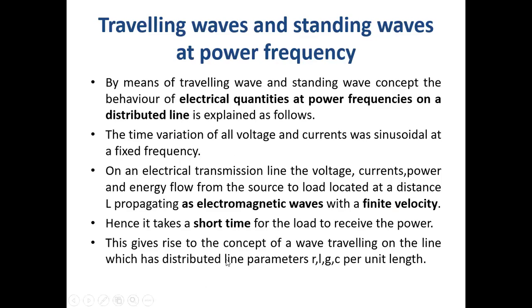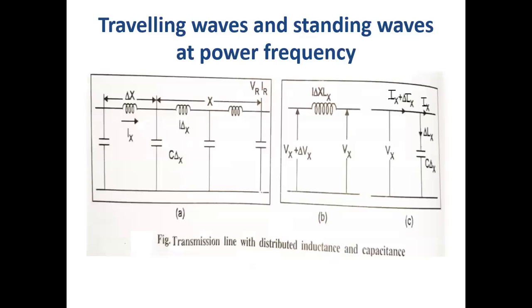And here in this distributed line, the parameters R, L, G, C per unit length are distributed along the entire length of the transmission line. In order to derive the expression, we can consider this small diagram of the transmission line. In this equivalent circuit, we have distributed capacitance as well as inductance.